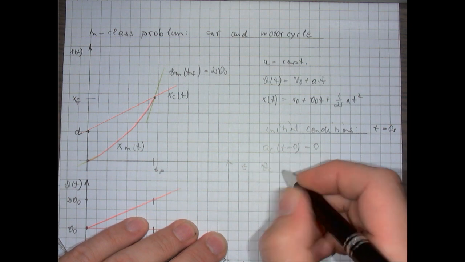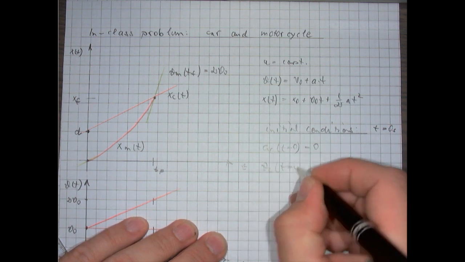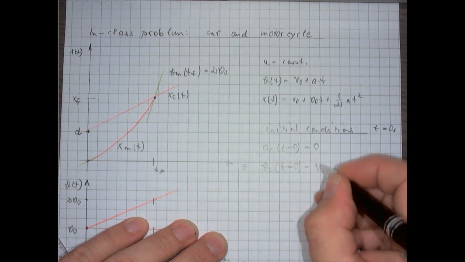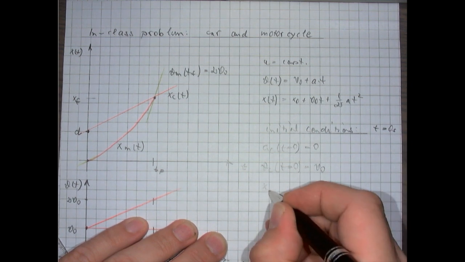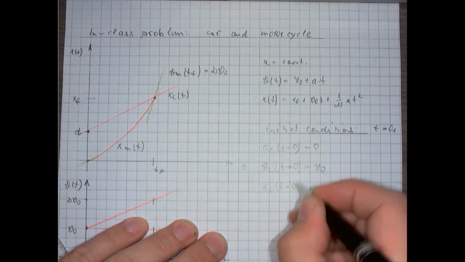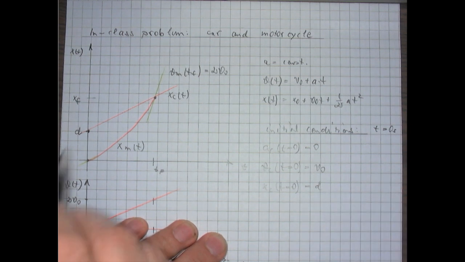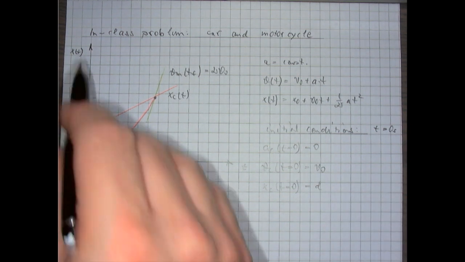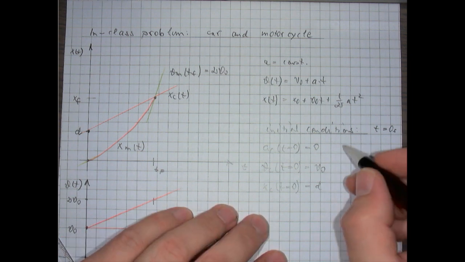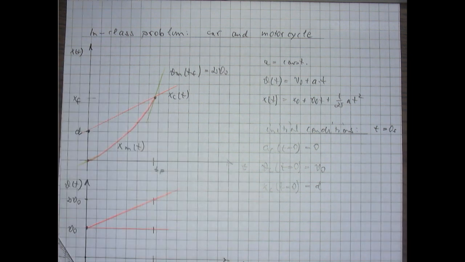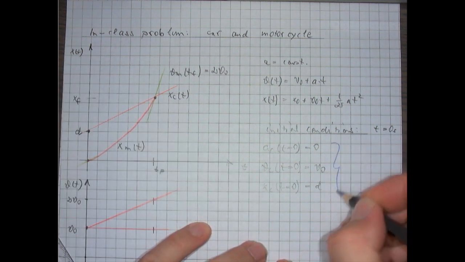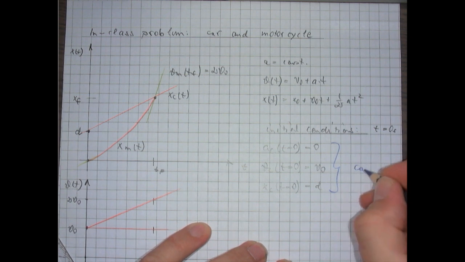The velocity of the car at t equals 0 is a constant, is v naught, and the location of the car at t equals 0 is distance d. It's a distance d ahead, and I analyze this in that coordinate system. So here we have the initial conditions for the car.